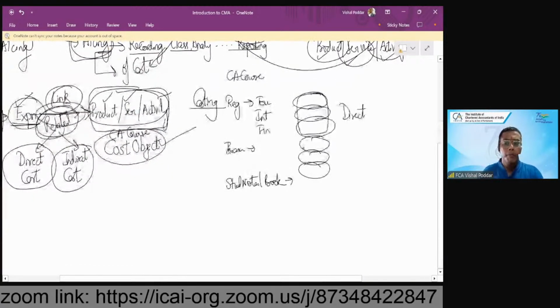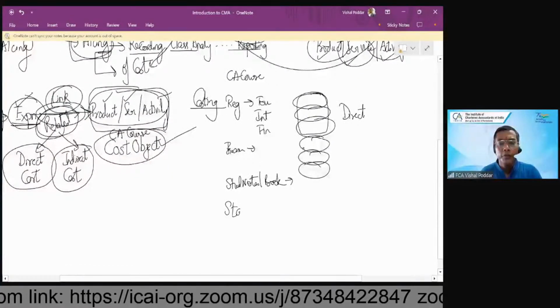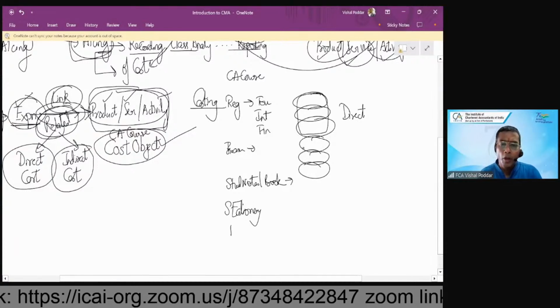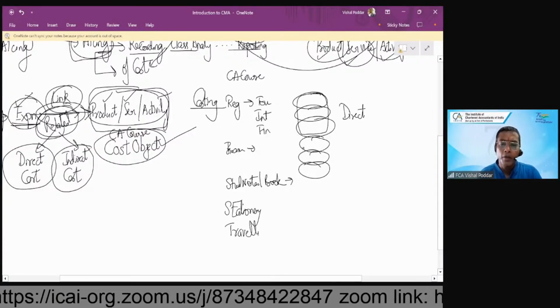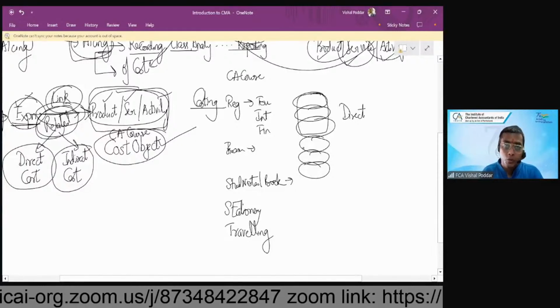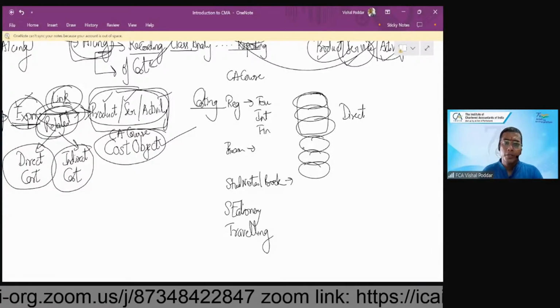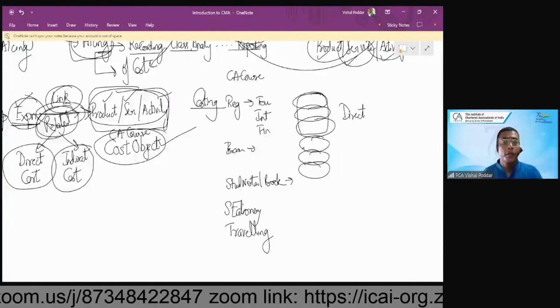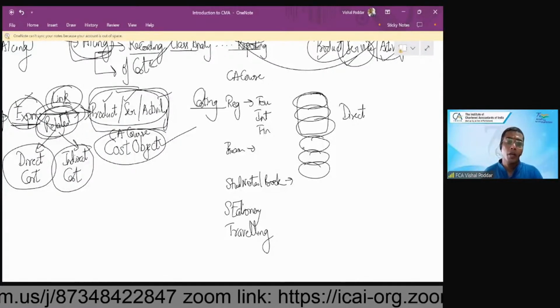But many times you also use a lot of stationery. You may also be doing some traveling. Now, traveling may be applicable to those who are staying in outskirts and who come to the city area, or who are staying in a particular place for their articleship and for going and coming to articleship.